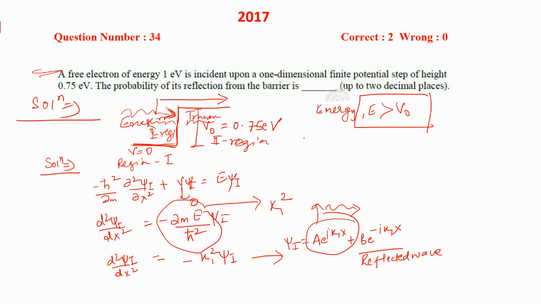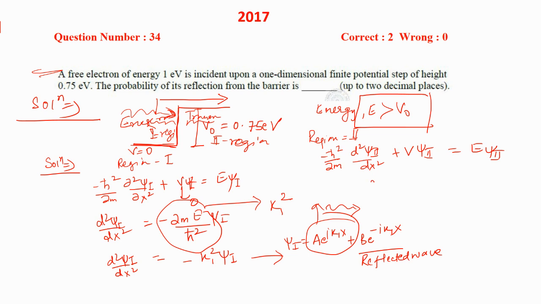Now for region 2, we have minus h cross square upon 2m d2 psi 2 by dx square plus V psi 2 equal to E psi 2. In this region, the potential V is not 0. The potential is given to us, 0.75, but first of all, we should know how to solve this.